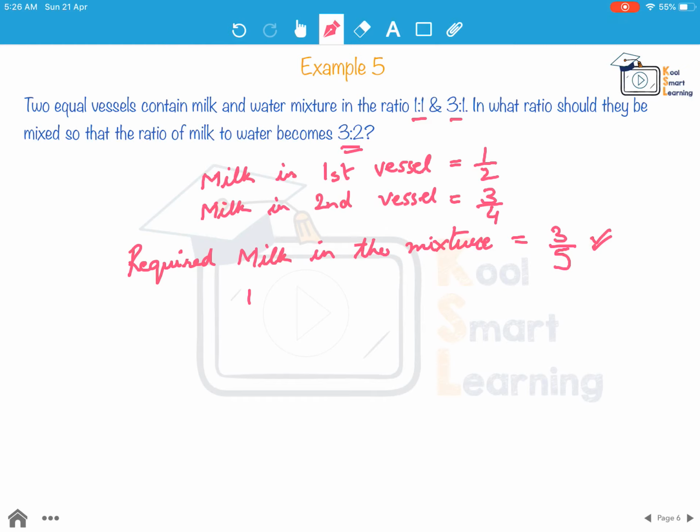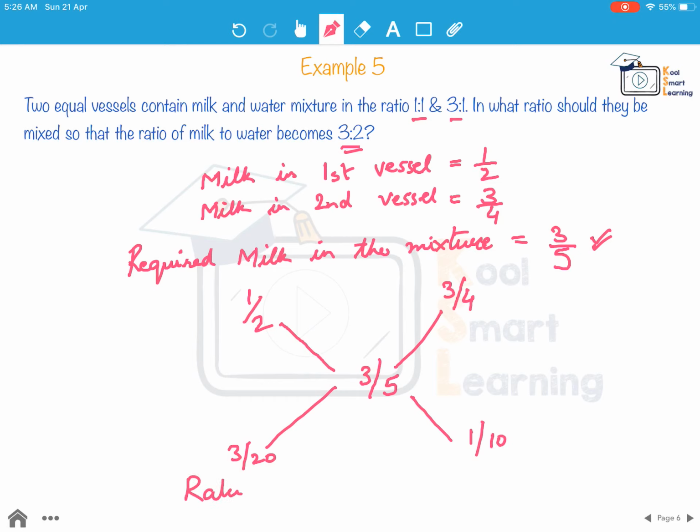So we are saying in the first vessel we have 1 by 2 of milk, in the second vessel we have 3 by 4 of milk, and the resultant is 3 by 5 of milk. So we'll subtract 3 by 5 from 3 by 4, we get 3 by 20, and we'll subtract half from 3 by 5 and we get 1 by 10.